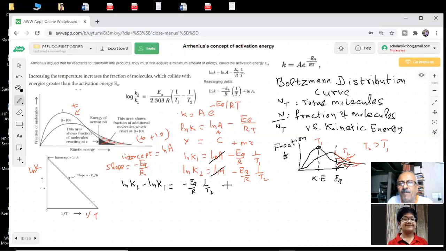This minus will become plus, then what will you get? Ea by R into 1 by T1. If I take Ea by R common, then what is the result of that, students? What you will get? Here 1 by T1 minus 1 by T2, this is Ea by R, this is what you are getting.